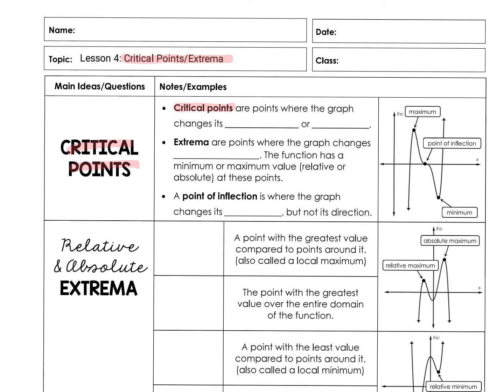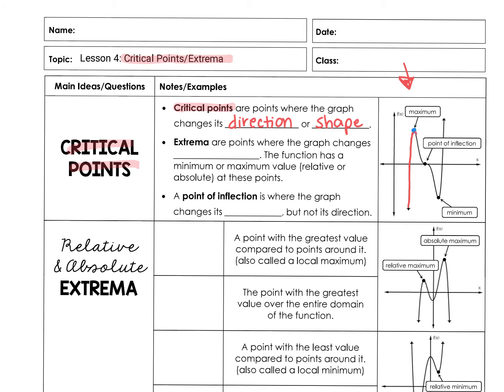So critical points are points where the graph changes its direction or shape. So, for example, if we look over here at our diagram, we see that our graph goes up, up, up, up, up, and then we have a point here where it changes directions.